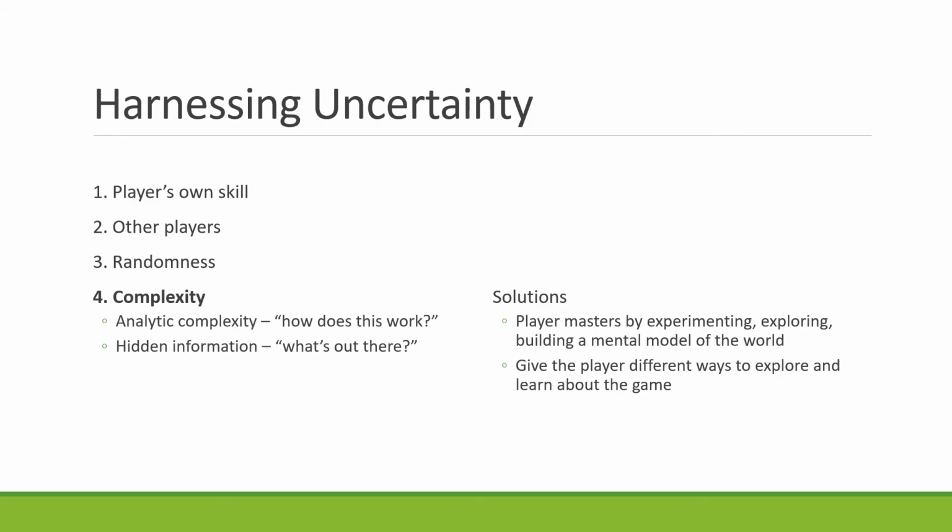If our game is heavy in complexity, and especially if it includes hidden information, we can help the player by letting them experiment and explore the game world and build a good model of how the world exactly works.